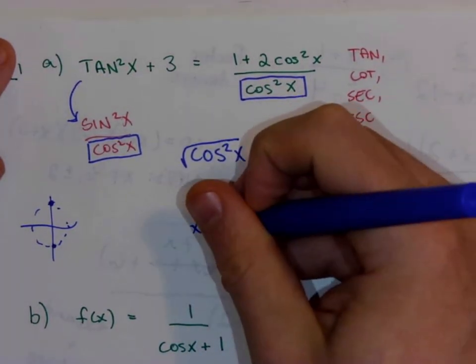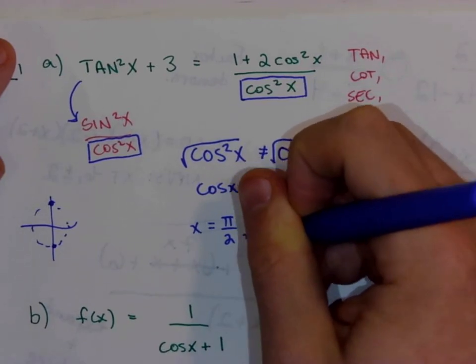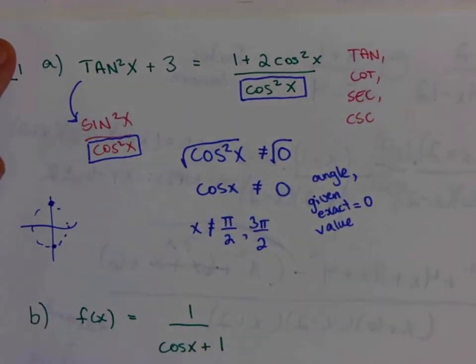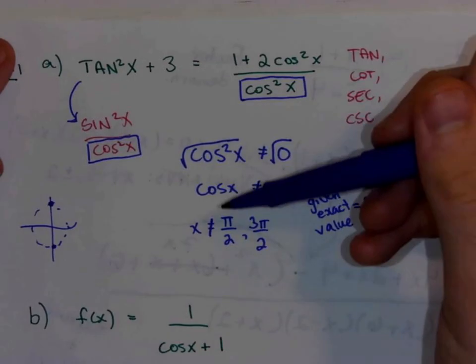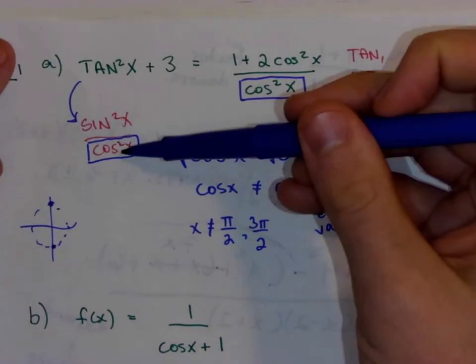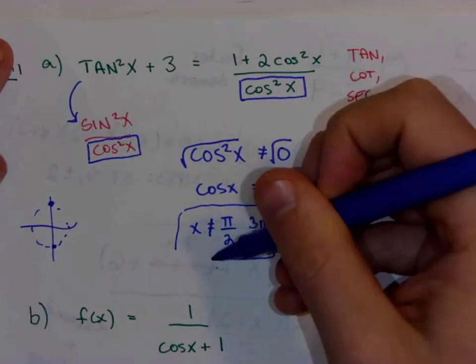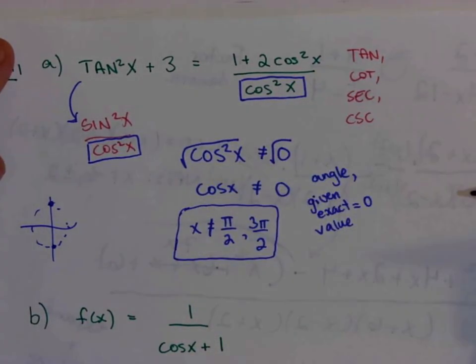So x in this case would equal pi over 2 and 3 pi over 2, but more specifically, it means x can equal anything except for pi over 2 and 3 pi over 2, because if that was plugged into either one of these situations, I would get an undefined value for my question. I am not allowed to divide by 0.